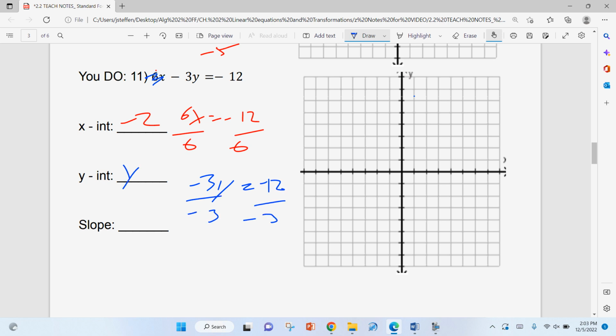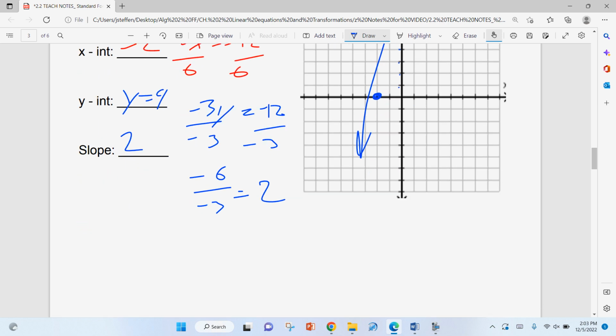So my y value is positive 4. And then the slope, negative a over b, so that is positive 2. Oh, and then the graph, sorry. X-intercept is negative 2, y-intercept is 9, 1, 2, 3, 4, 5, 6, 7, 8, 9, so way up here. Off your graph, but not too much, and draw your line.